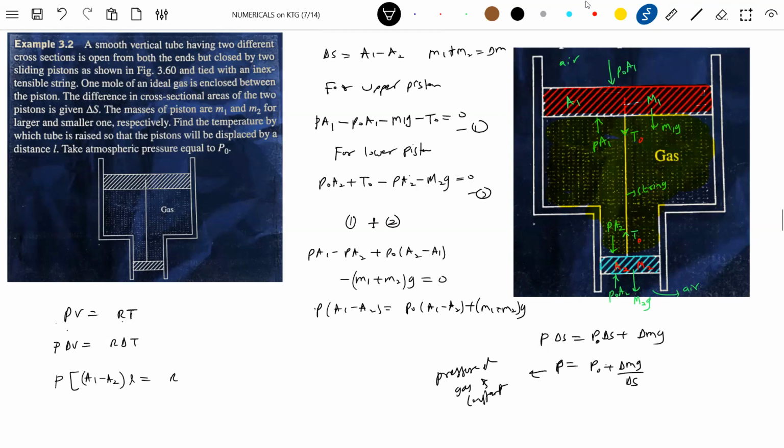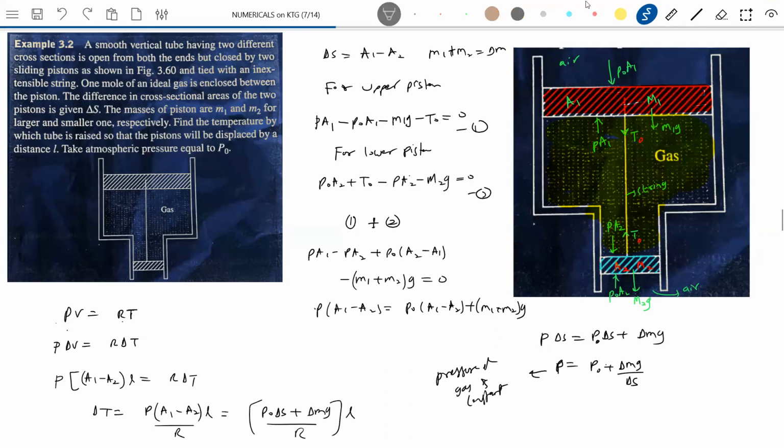Finally, delta T is equal to P times (A1 minus A2) L over R, which is P0 delta S plus delta M g. This much should be the rise in temperature.